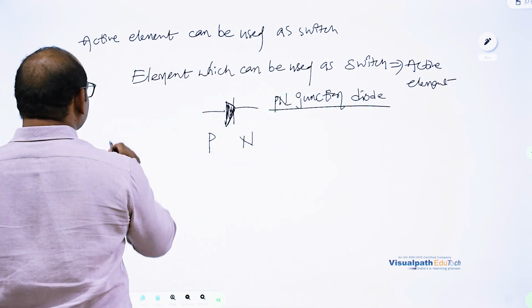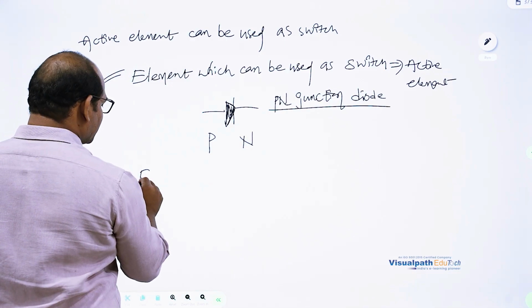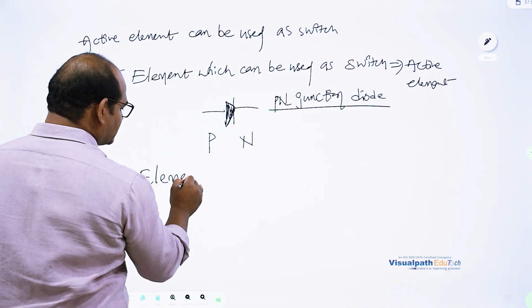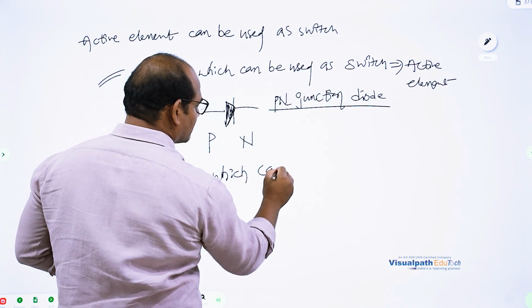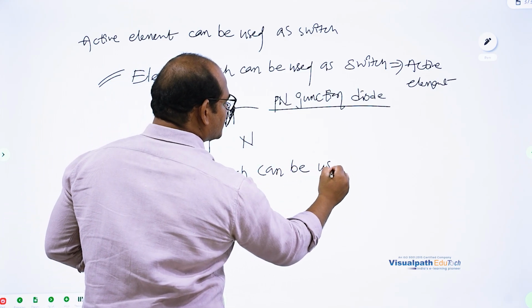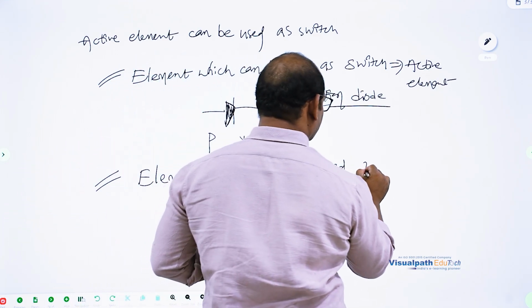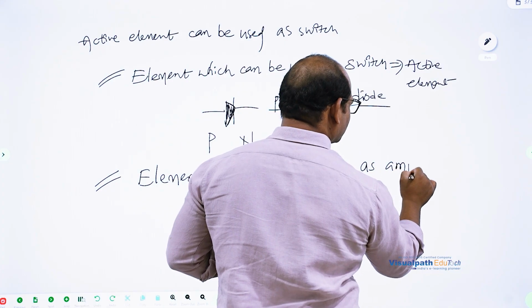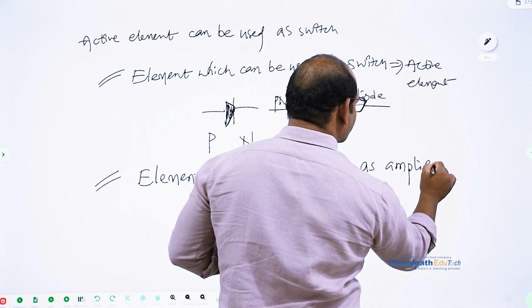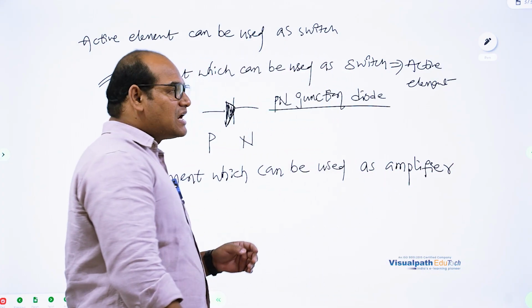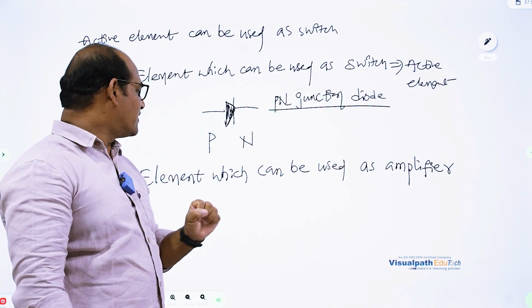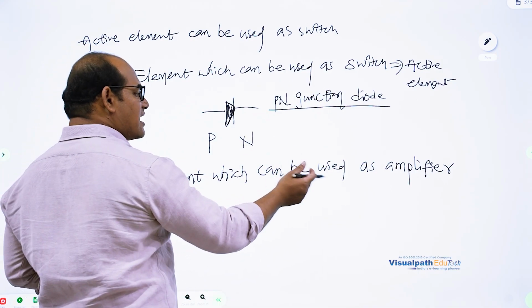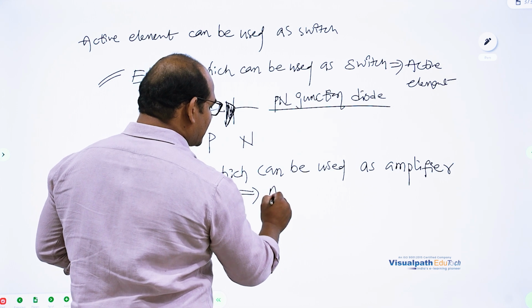And another definition also I am giving, that is nothing but the element which can be used as an amplifier. So not only as a switch, okay, but also we can take amplifier. So the element which can be used as the amplifier can be treated like the active element only.